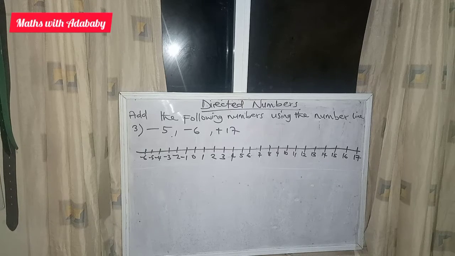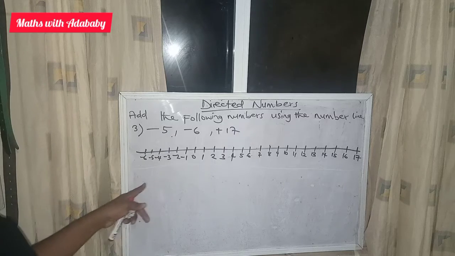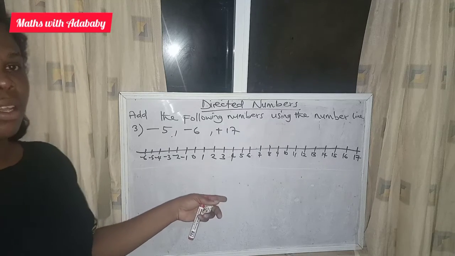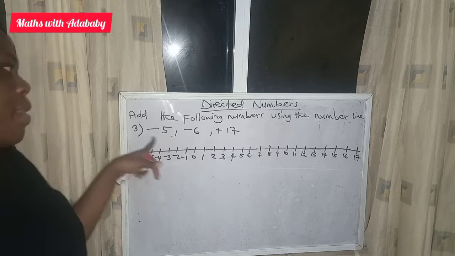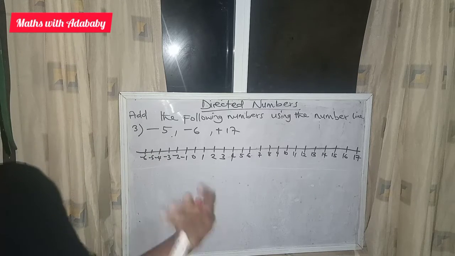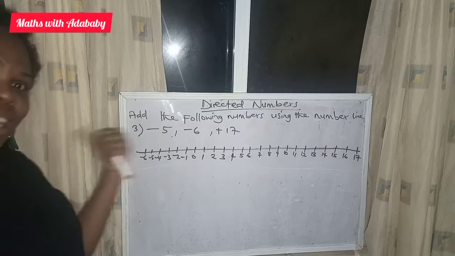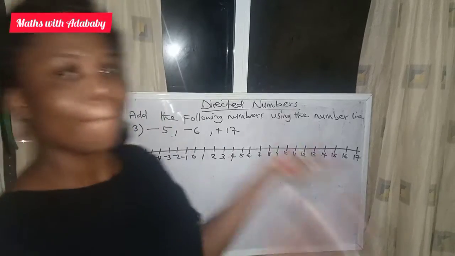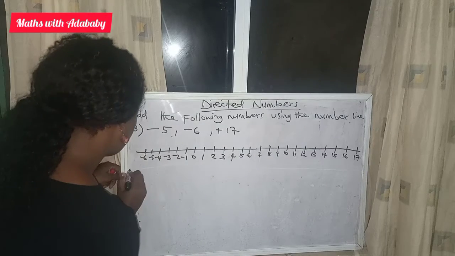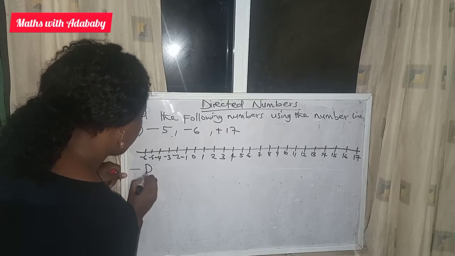So now, we will first of all count the immediate highest number. The immediate highest number is minus 5. Now, we are counting minus 5 in this direction. So that means we're going to count 5 points backwards. Remember, this is the negative direction.